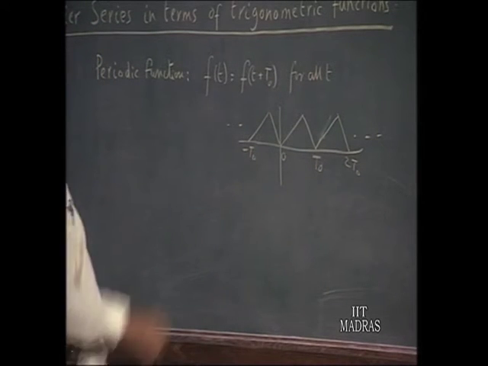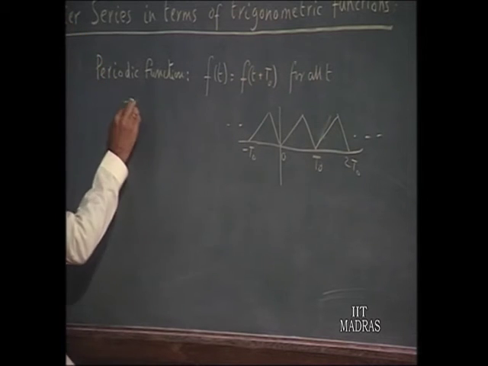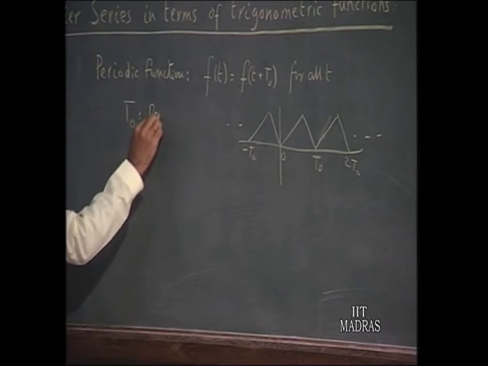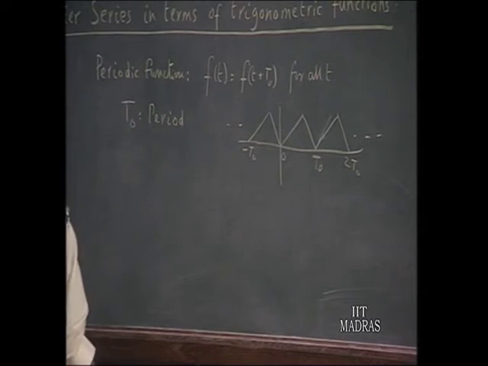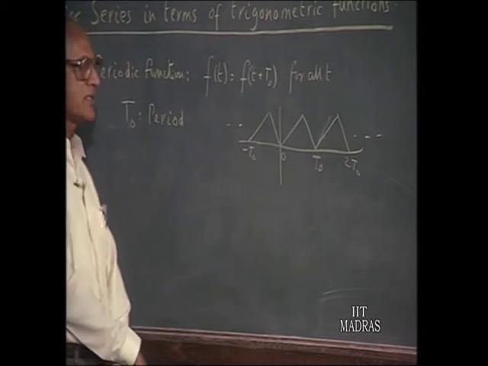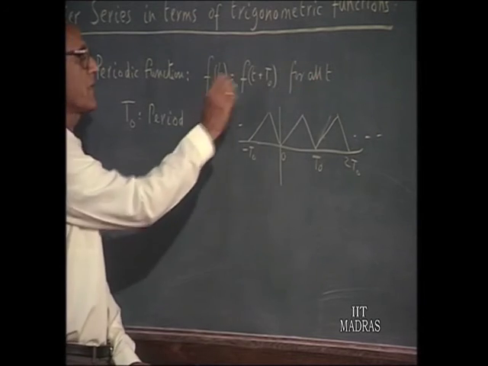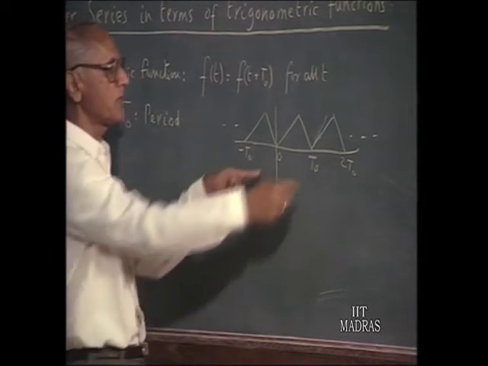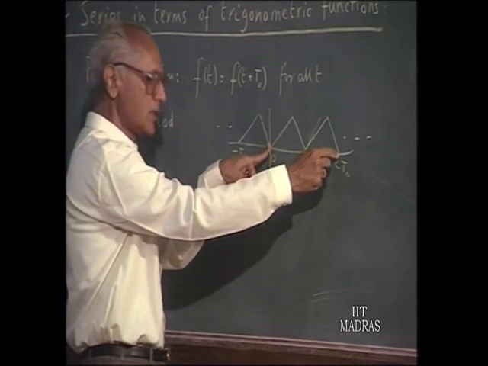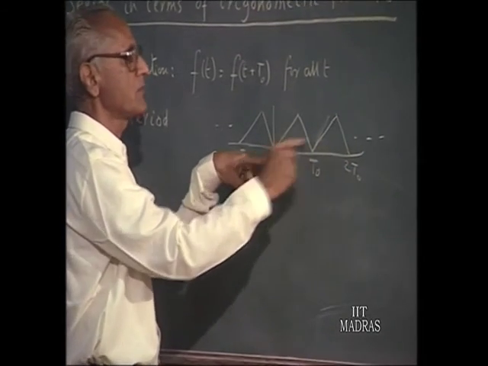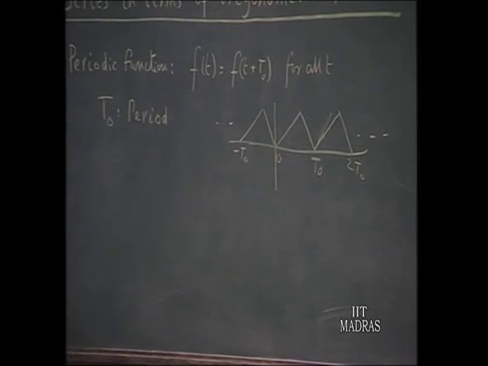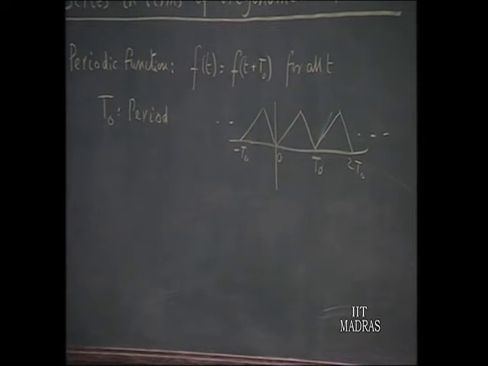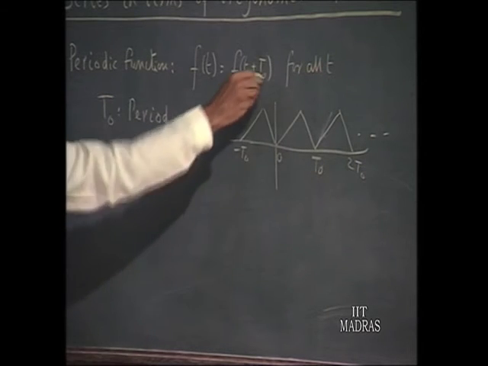In defining this value of capital T naught, which is the period, we take the smallest value which satisfies this equation. For example, it is possible for us to take twice the period as the basic period, because whatever sequence of values it takes from 0 to 2 T naught will also repeat. However, the smallest such value is taken as T naught. So, this is the period.